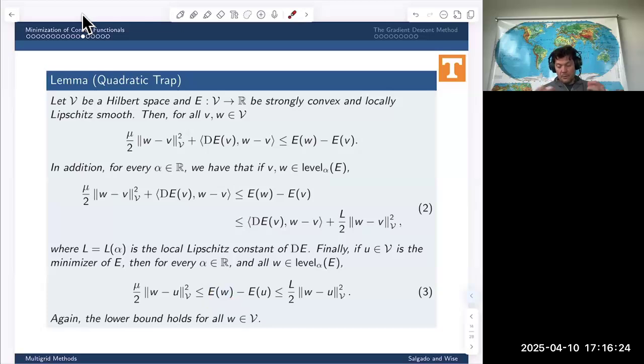This has a beautiful little drawing that anybody can do, and the result in that setting is almost trivial. Then you realize that this result can be generalized to the setting of strongly convex functions that are locally Lipschitz smooth, and it's actually much deeper than that in higher space dimensions. But basically, the picture in one dimension tells you everything that you need to know about this problem of convex optimization.